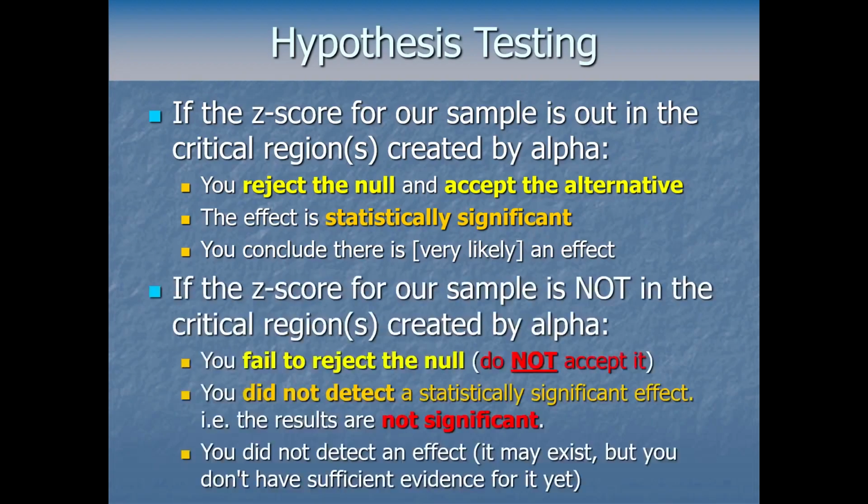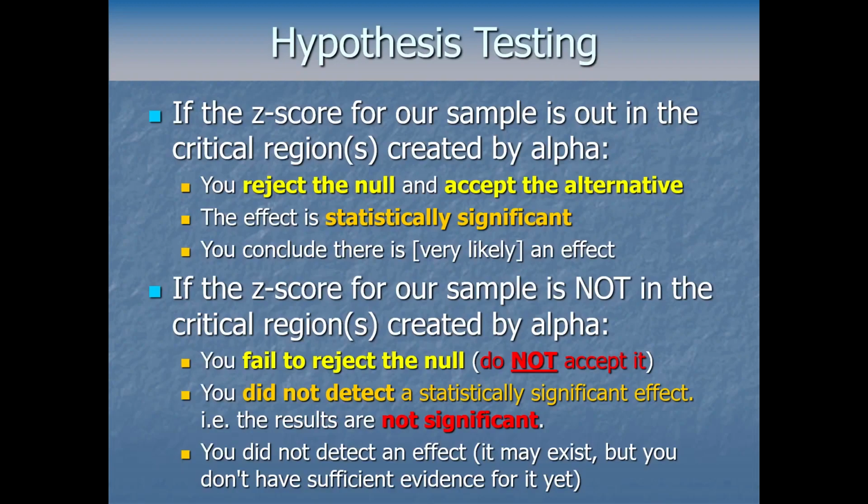But if the z-score in our sample is not in the critical region, not in the rejection region, then always be careful to say that you fail to reject the null. Do not say that you accept the null. We never accept the null hypothesis.